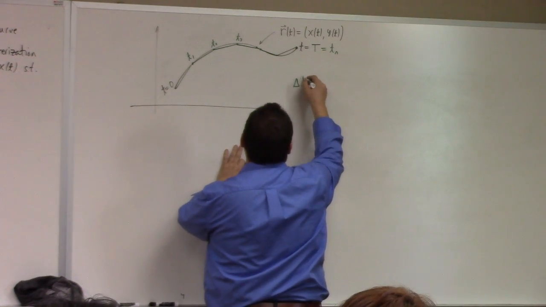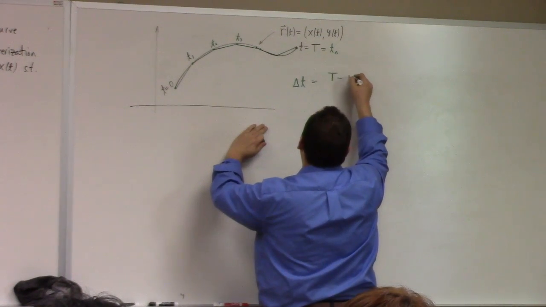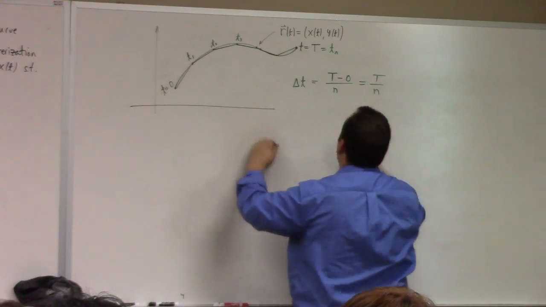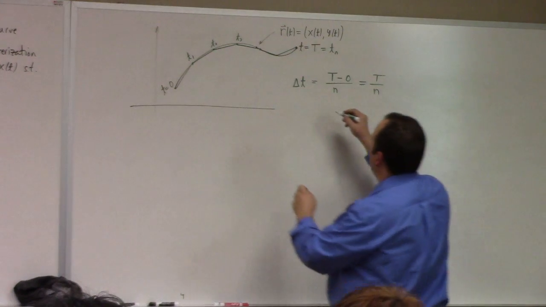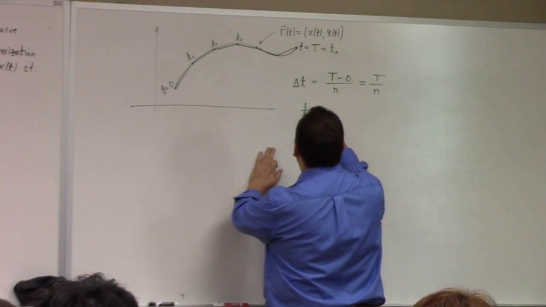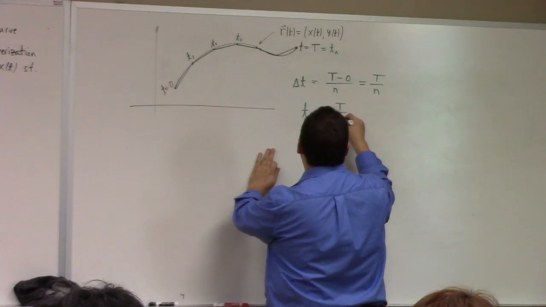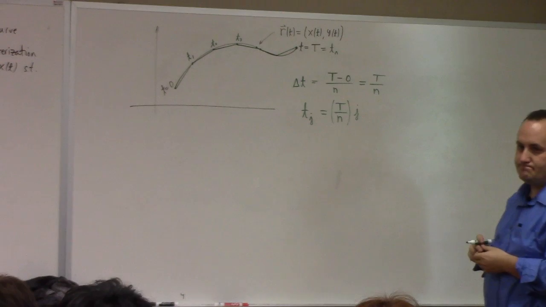So delta t, the time increment between these, would be big T minus 0 divided by n, T over n. And the jth time would be equal to the total time divided by the number of segments times j.